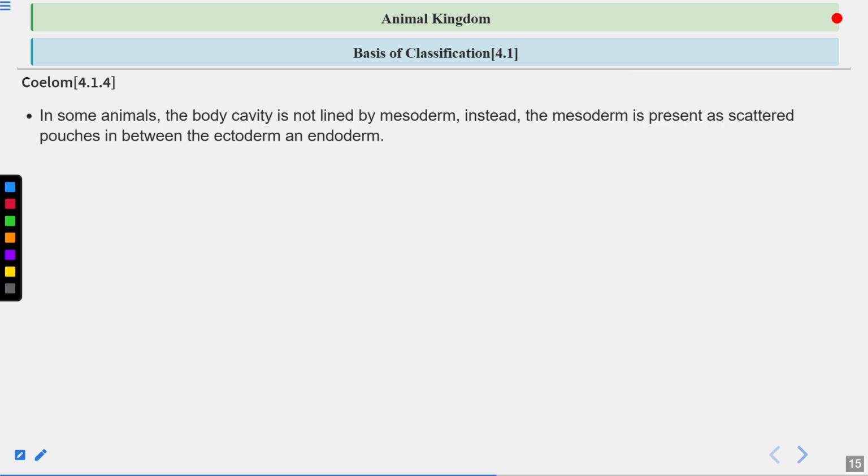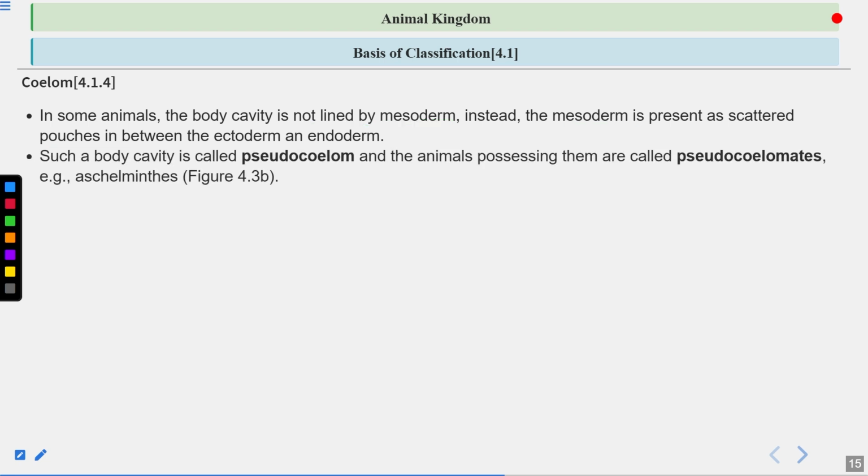Now in some animals, the body cavity is not lined by the mesoderm. Instead, the mesoderm is present as scattered pouches in between the ectoderm and endoderm. Let us see that. Such a body cavity is called pseudocoelom. Pseudo means false. This is not a true coelom.